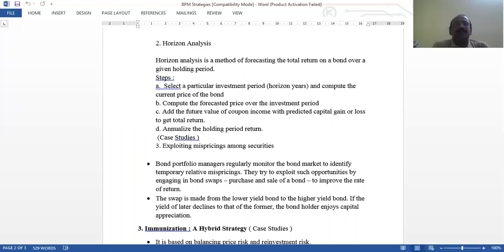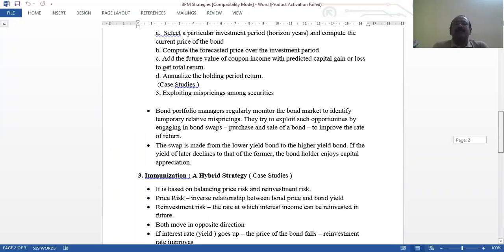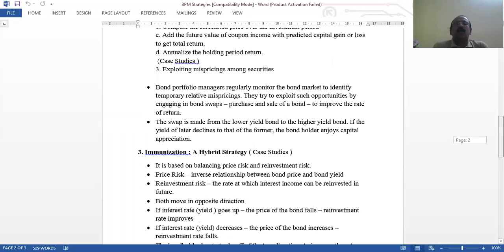So third, the bond portfolio management active strategy is exploiting mispricing among securities. The bond portfolio managers regularly monitor the bond market to identify temporary relative mispricing. So they can try to exploit the opportunities by engaging in bond swaps, by purchase and sale of bonds to improve the return.